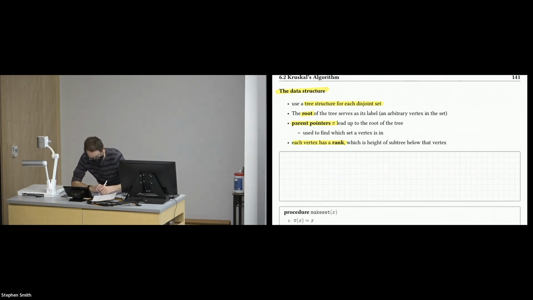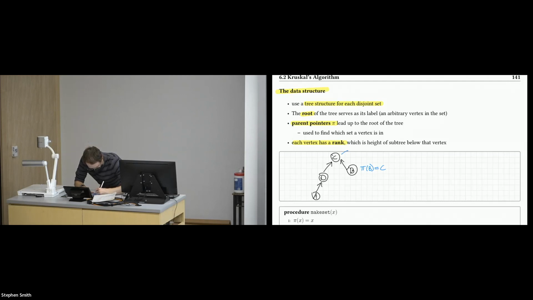So it might look like this. Let's say, for example, the parent of B equals A, or C, I mean.